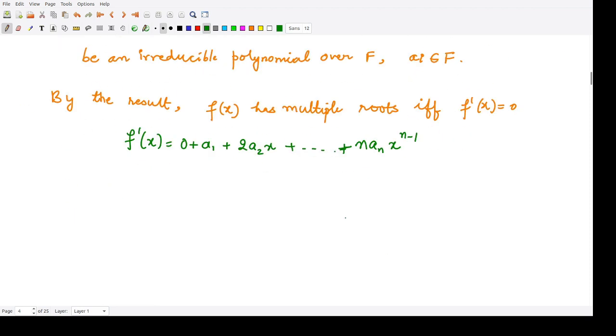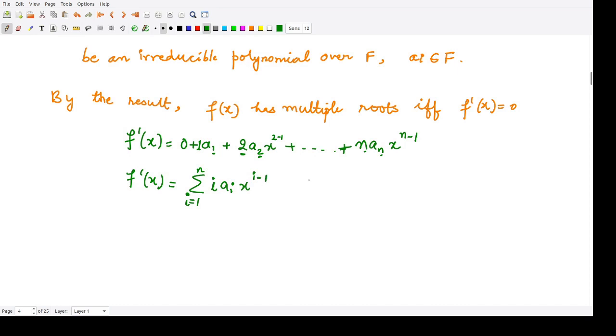So we can write in summation the derivative as summation i varies from 1 to n, not from 0 to n, of i ai x raised to power i minus 1.